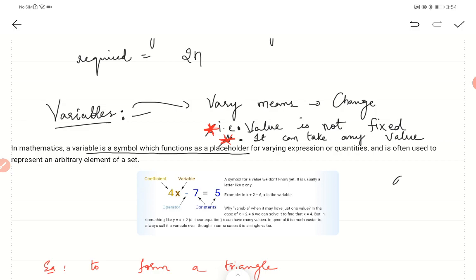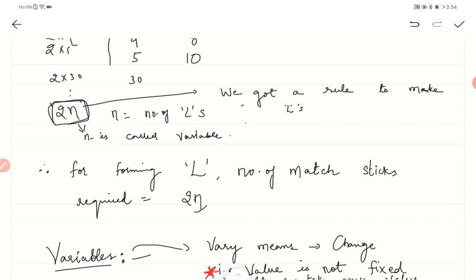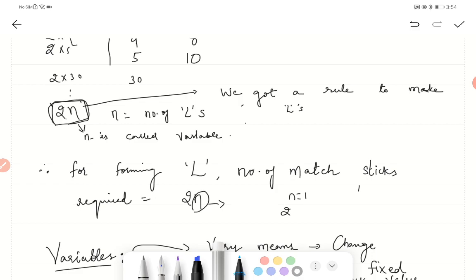It can be a, it can be b, it can be z, it can be t, many more, for varying expressions or quantities, because here you can see this n is varying, right? Sometimes you want to make one L pattern, so you take n equal to 1 at that time, so you'll need two matchsticks to make one L, right? Depending on our situation and need, this variable n will hold different values.